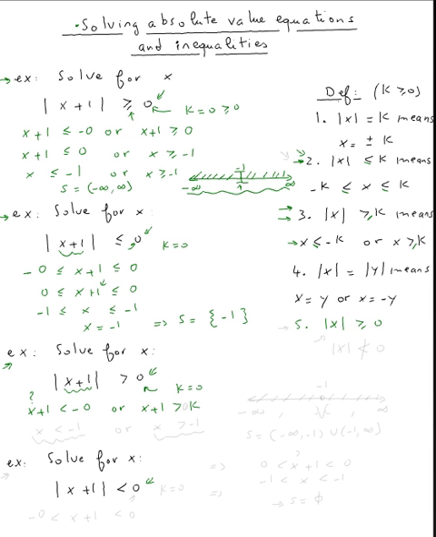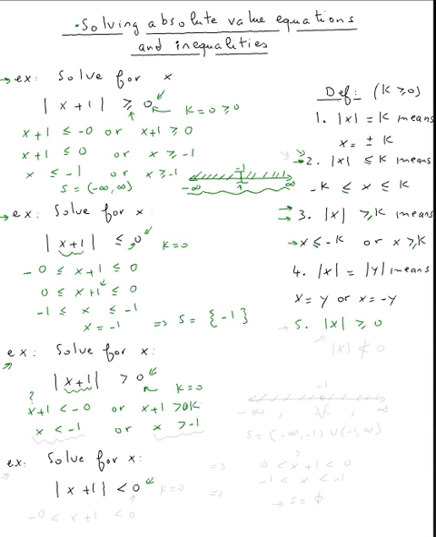So solving for x, we get x is less than, remember negative 0 is 0, 0 minus 1, negative 1, or x is bigger than 0 minus 1. So x is strictly bigger than negative 1.